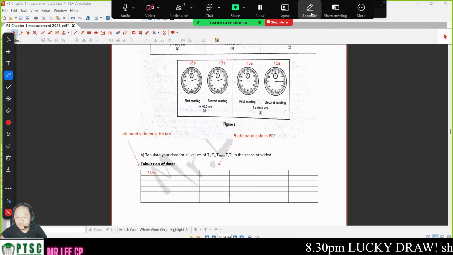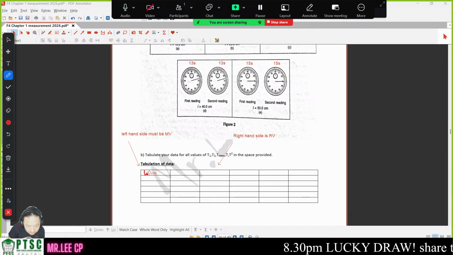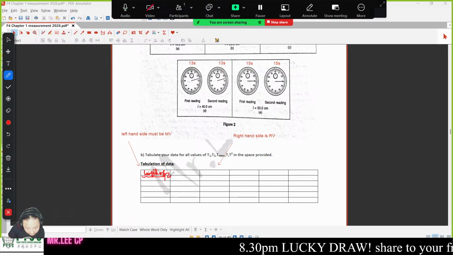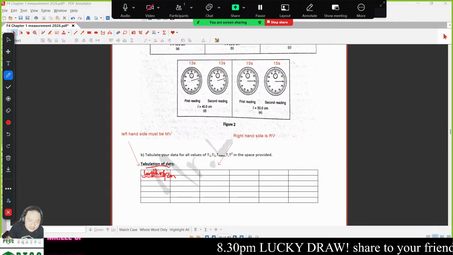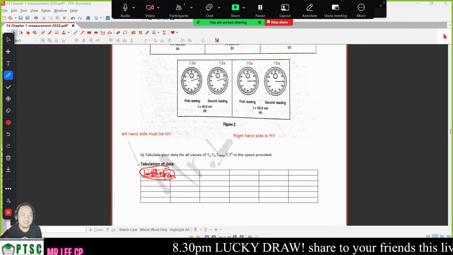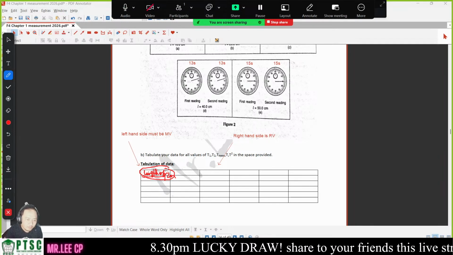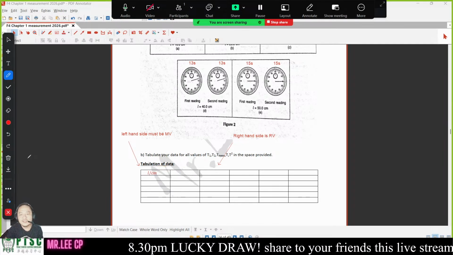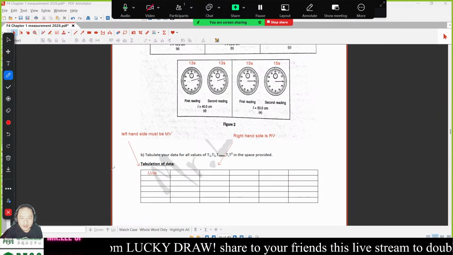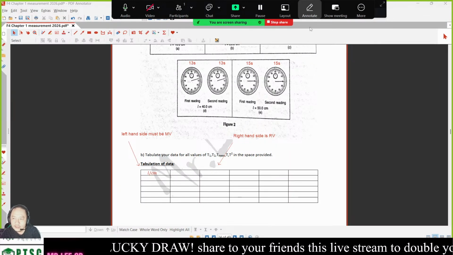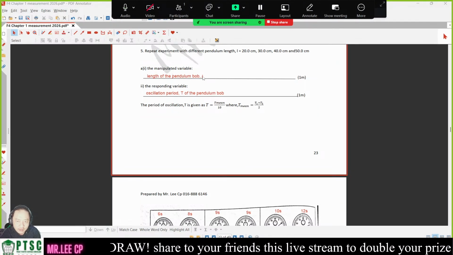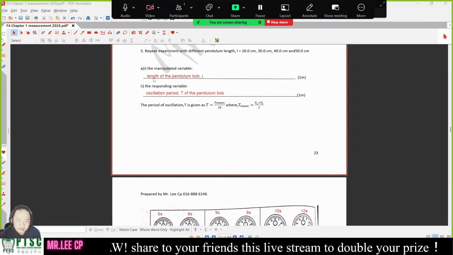If you want to write length of the pendulum bob in cm, it will be so messy here, so hard for you to see. If you want to write, make sure the space is big enough, then okay. But of course, the next thing you ask me, if I write L, how does my teacher know what L is? That's why you state in the comma, L is the length of the pendulum bob.